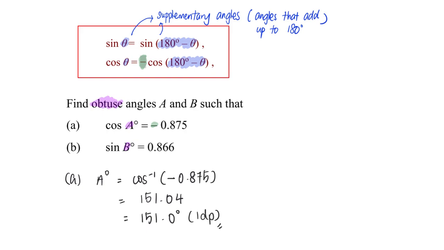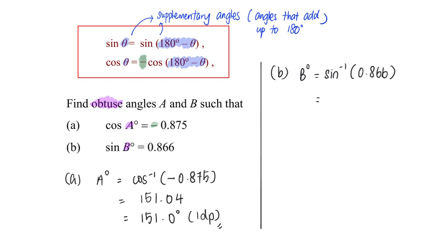As for part B though, do take note that for the sine ratio, when you key into your calculator for this, the calculator will always return us the acute angle.